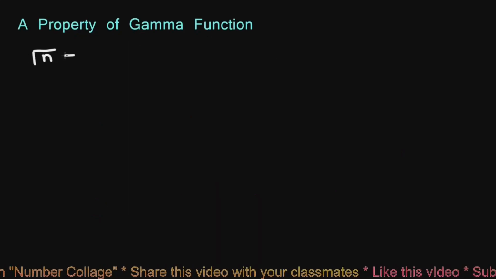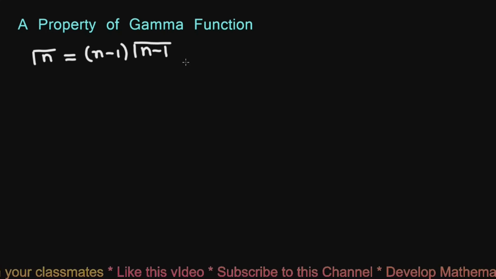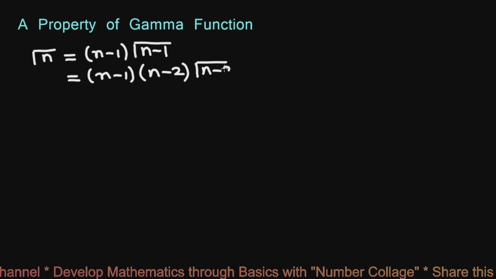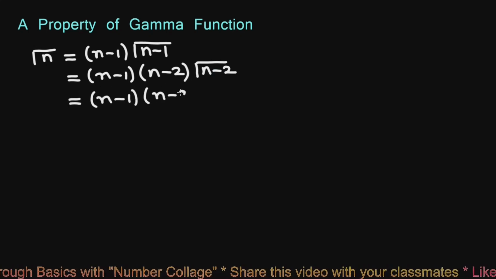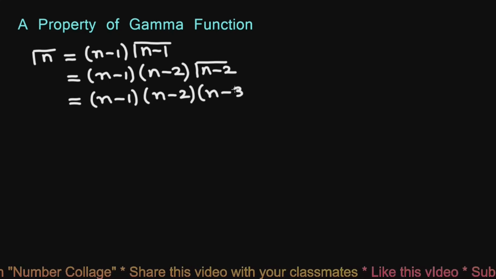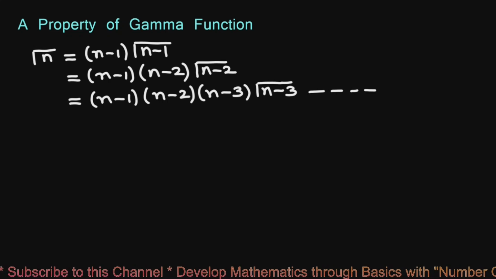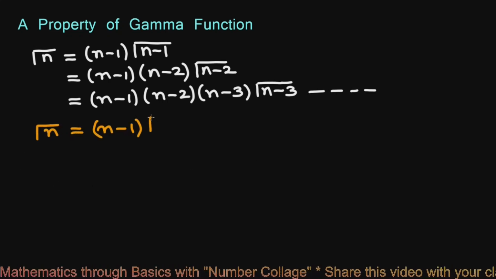Gamma n equals n minus 1 gamma n minus 1 can be further interpreted as n minus 1 into n minus 2 gamma n minus 2, which will be n minus 1 into n minus 2 into n minus 3 gamma n minus 3, and so forth, and finally it will be gamma n equals n minus 1 factorial.